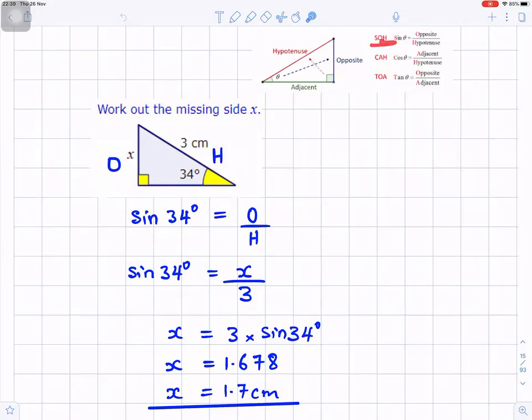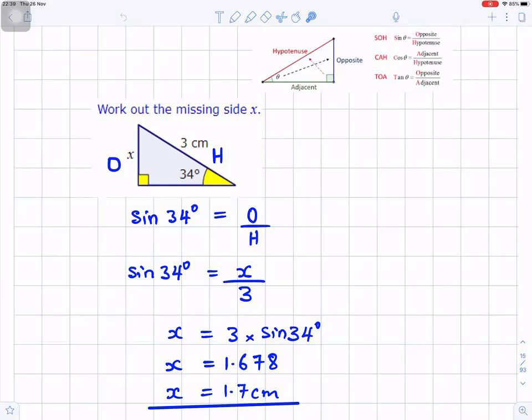We use the SOH, the top right hand formula there. You see SOH, which is sine theta is opposite divided by hypotenuse. So that means sine of 34 degrees equals opposite divided by hypotenuse. The opposite is the x that we're looking for. The hypotenuse is 3 centimeters. So sine 34 is x divided by 3.